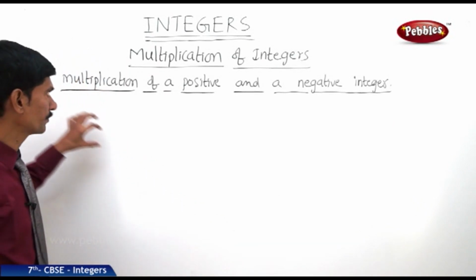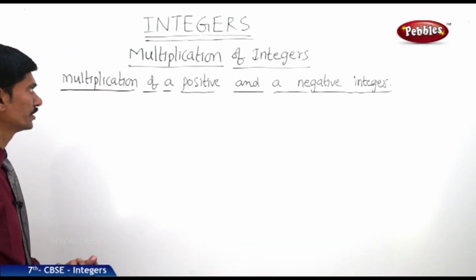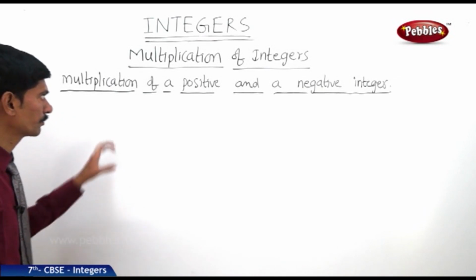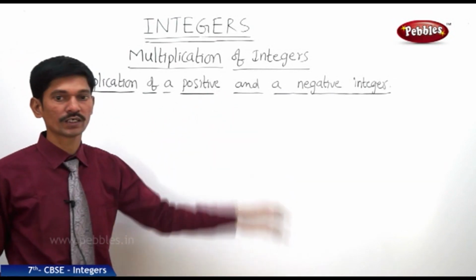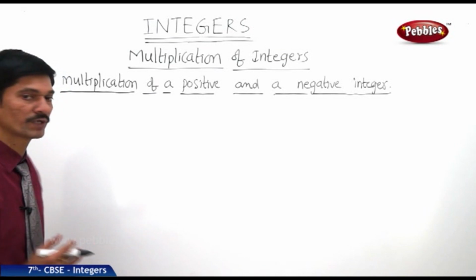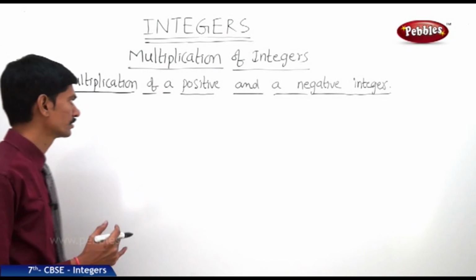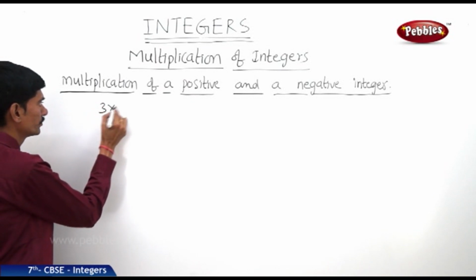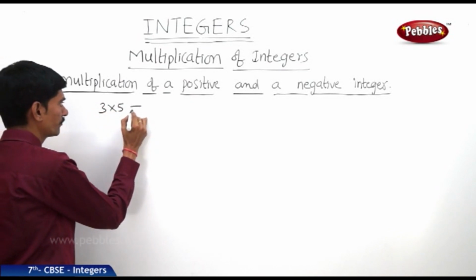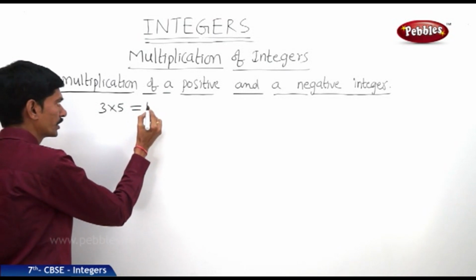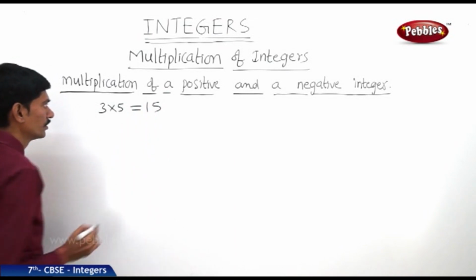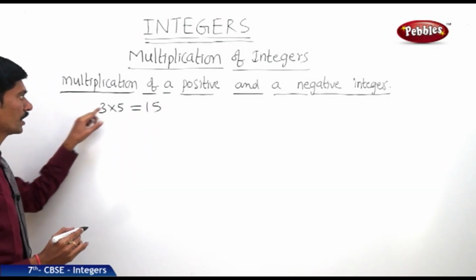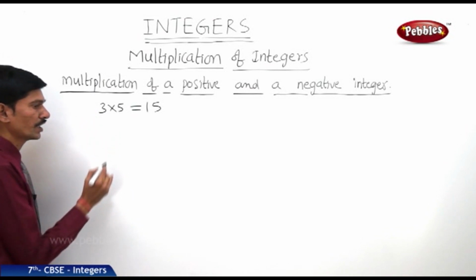Now let us see the next topic, multiplication of integers. In this, first you will see the multiplication of a positive and a negative integer. So first, what is multiplication in case of whole numbers? If we consider whole numbers like 3 into 5, we are multiplying 3 and 5, then we are getting the product 15. Means 5 is added 3 times.